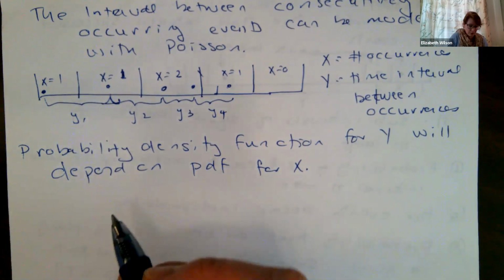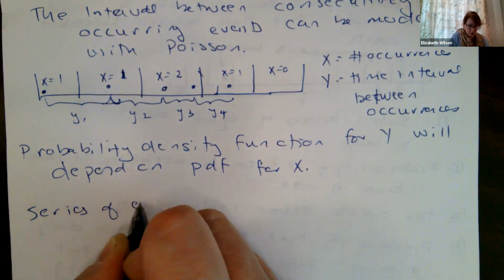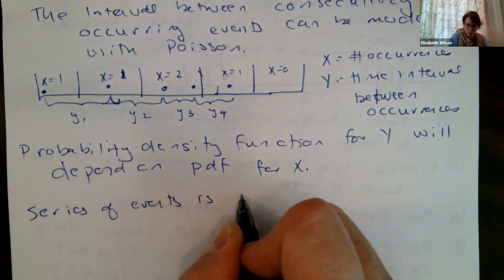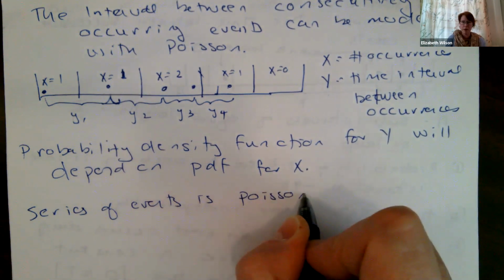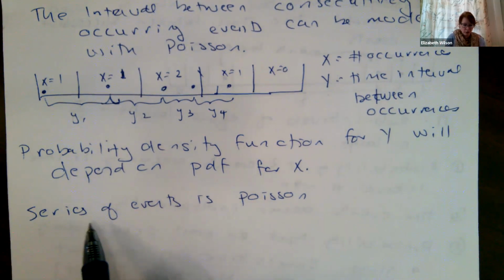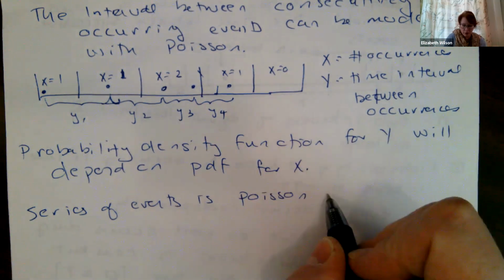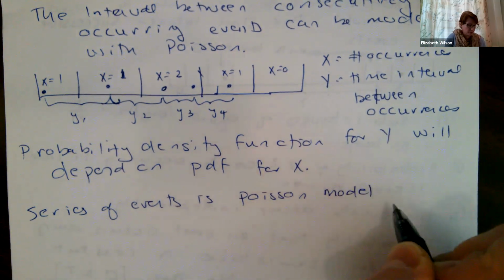Okay, so we have a series of events. It can be modeled with a Poisson, like we talk about radiation coming off of some kind of radioactive material, or we're going to actually do an example with a meteor shower. So the meteor showers come with a Poisson distribution. Like the time between each meteor that we see can be modeled using a Poisson distribution. So we'll say that our series of events can be modeled with a Poisson distribution.